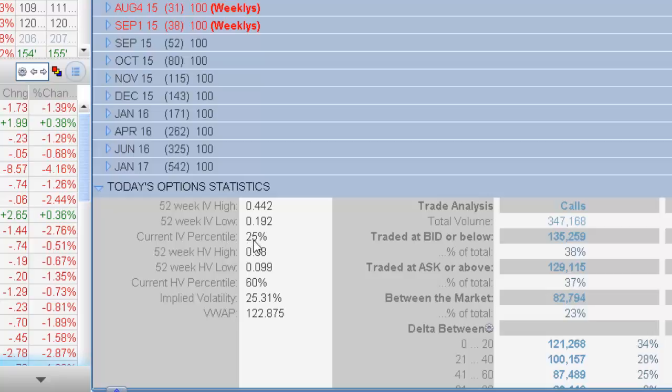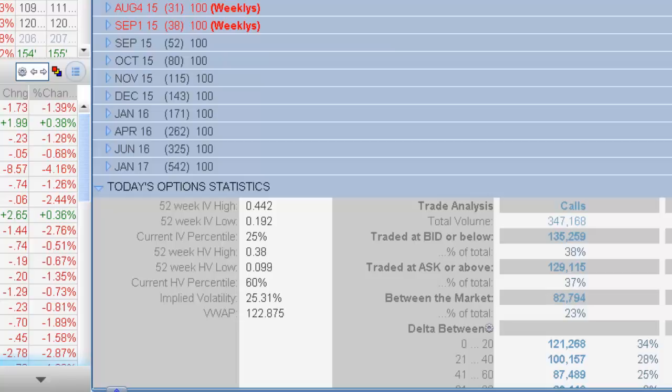What this shows is the current implied volatility relative to the last 52 weeks of implied volatility. So that is given in a range of 0 to 100%. As of right now, it's about 25%, in the 25th percentile. So that seems like it's pretty low.